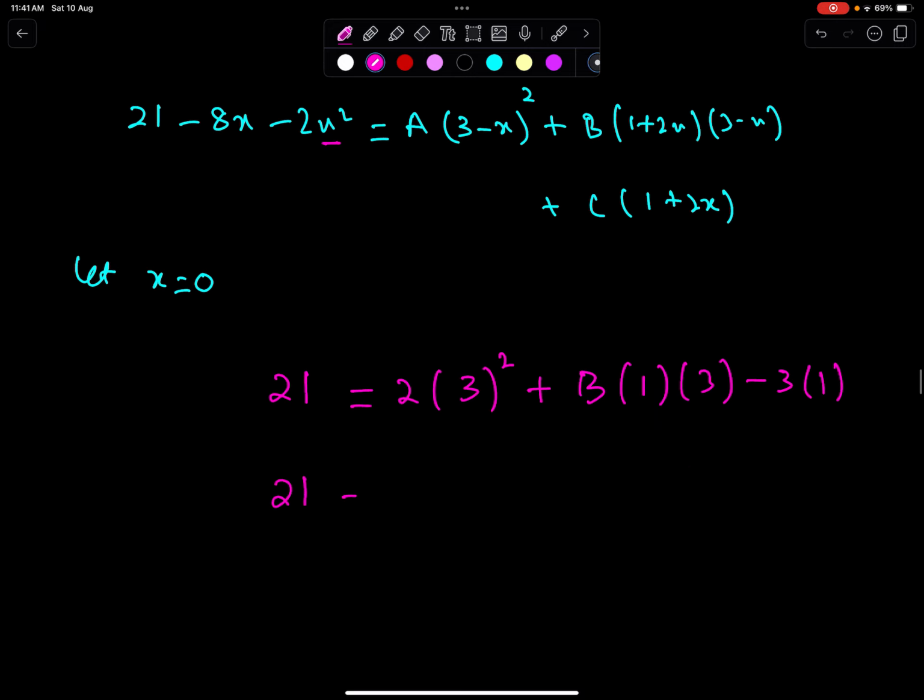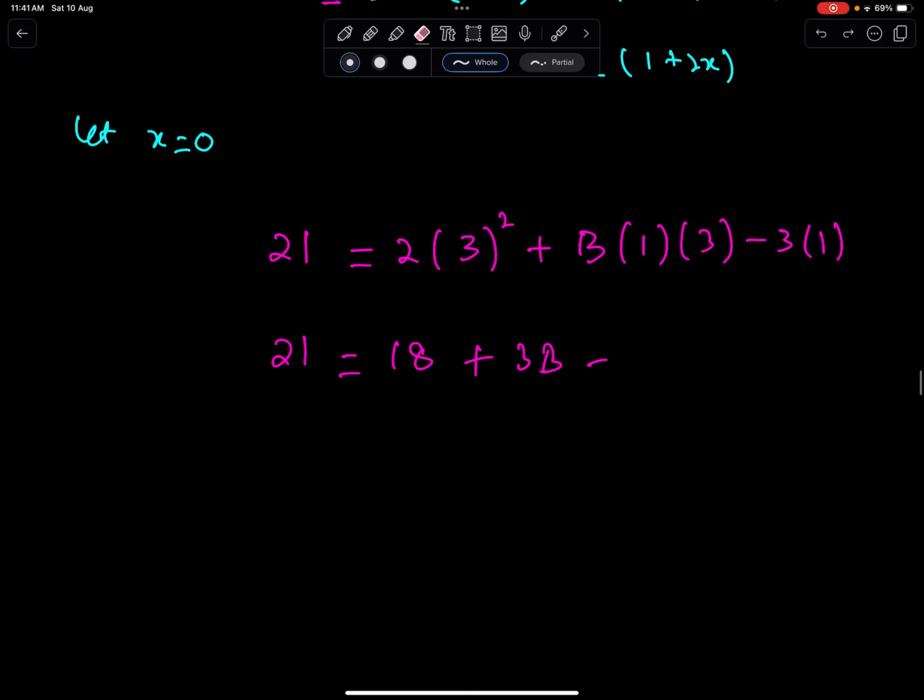So 21 equals 18 plus 3B minus 3. So we have 18 minus 3, 15. So 21 minus 15 makes 6. So 3B is 6, so B is 2.